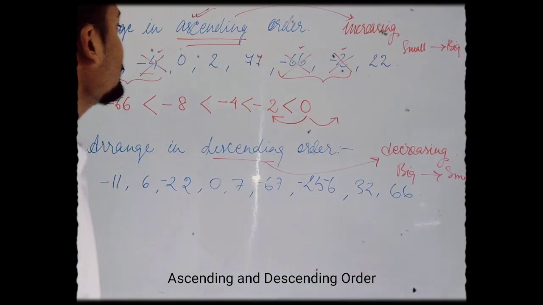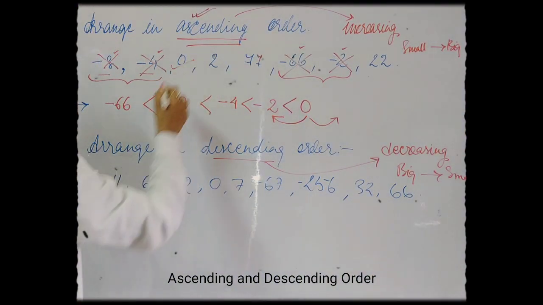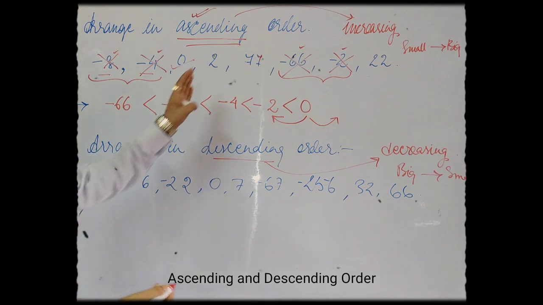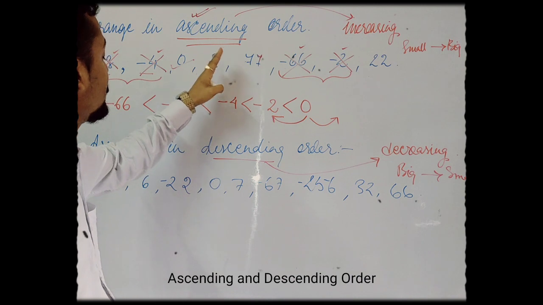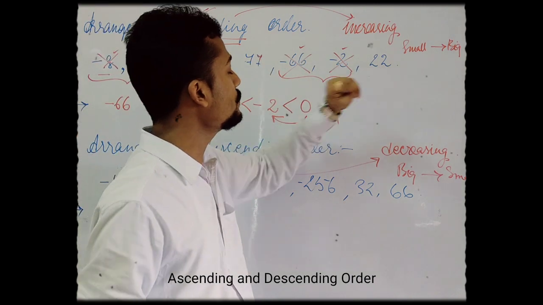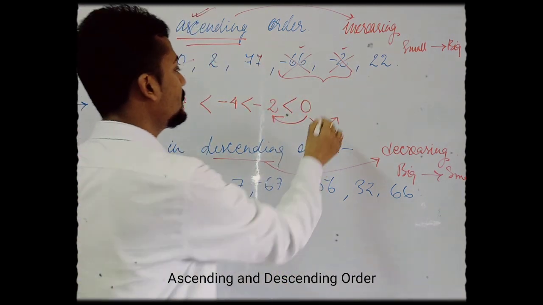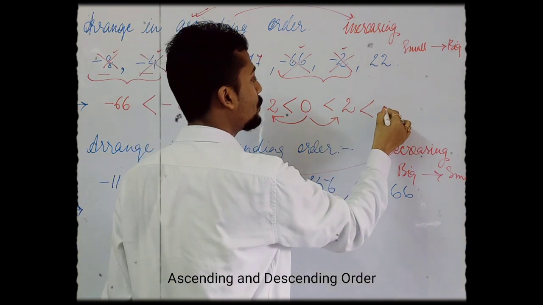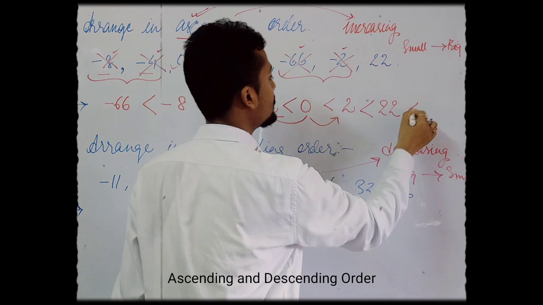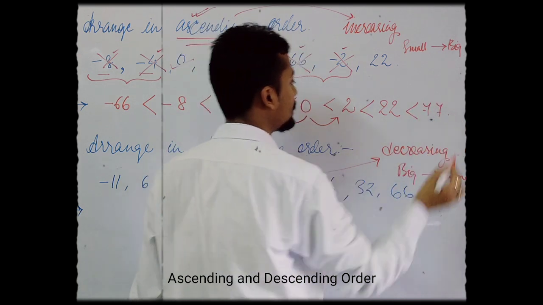So next what am I going to put? 0 is over. Which is the smaller number? If we compare among the two, 2 and 22 and 77, 2 is smaller, isn't it? So 0 is smaller than 2, which is smaller than 22, which is smaller than 77.